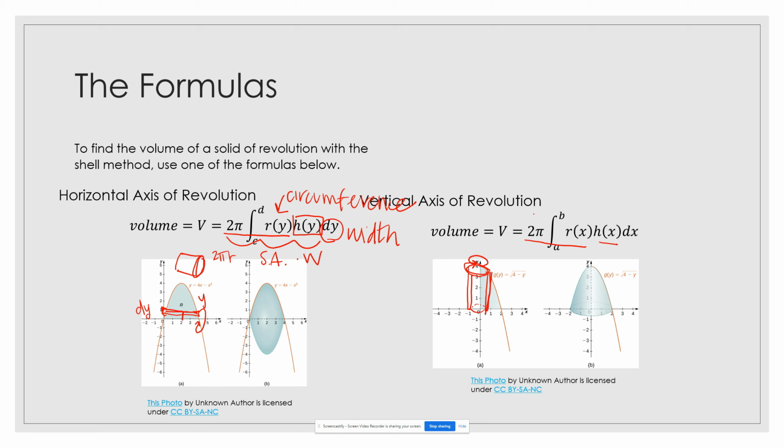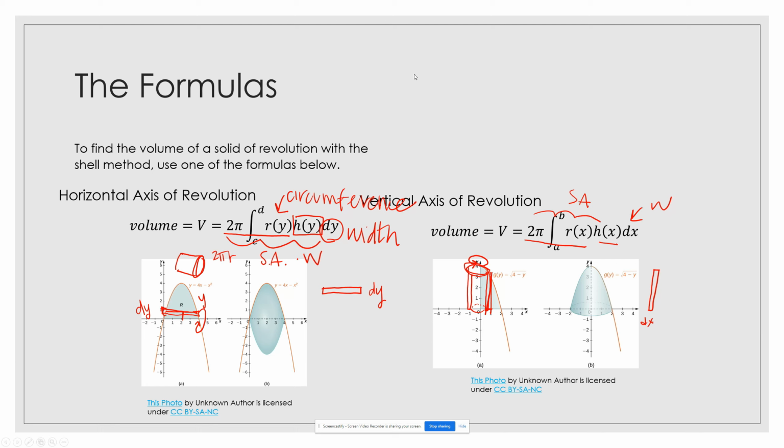That gives us the surface area. And if we multiply the surface area by the width, we get that volume, and this is the width right here. So whenever you're drawing rectangles that are vertical, it's going to be in terms of x. Whenever you're drawing rectangles that are horizontal, it's going to be in terms of y.